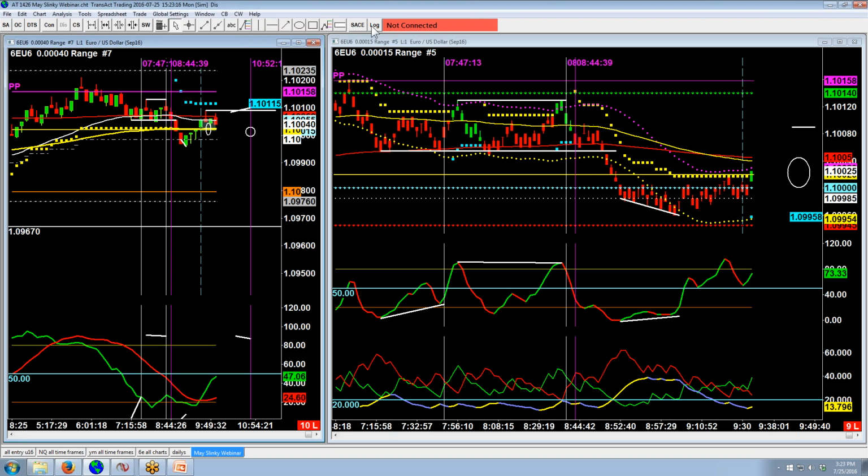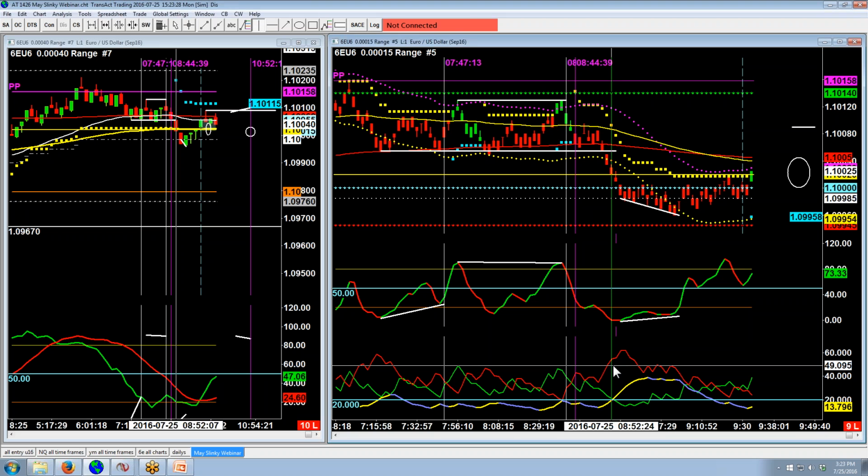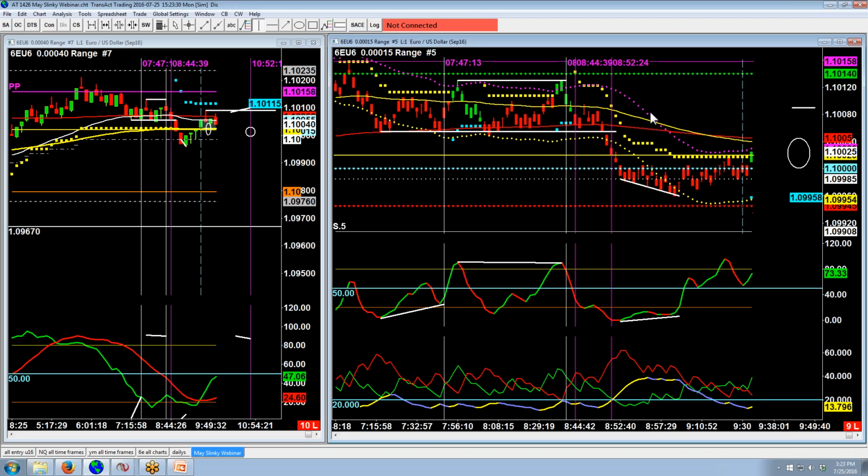The other option is, if you didn't take this entry because you wanted to see how it was going to get through this support area, you could take a counter channel continuation setup, and that would have occurred right here under that bar.